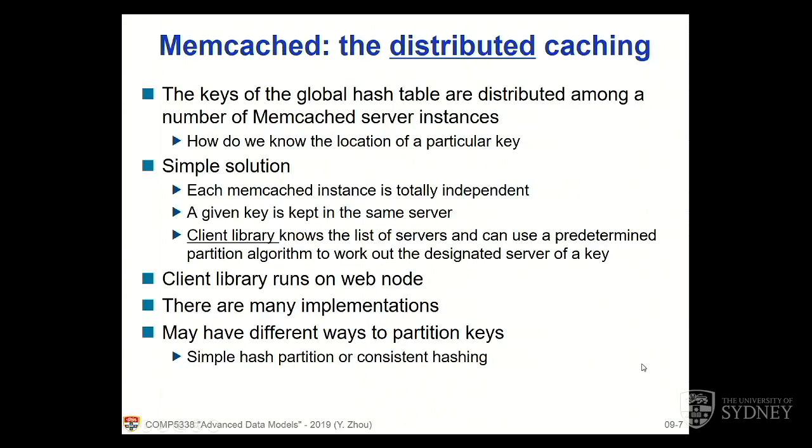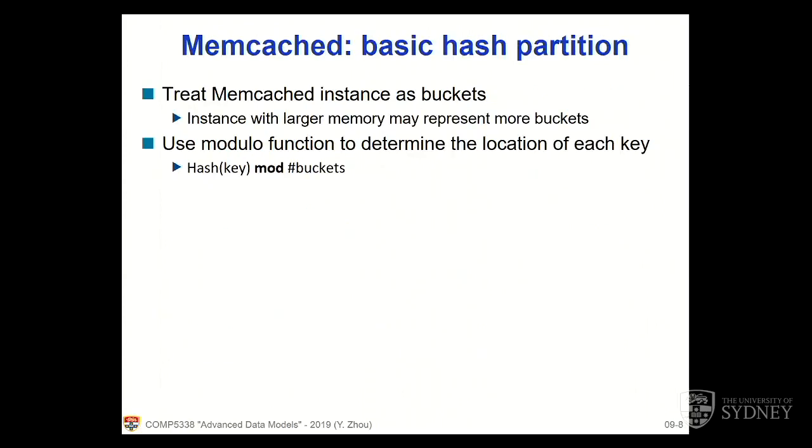Here we just see a very simple one, a simple hash partition. It's as simple as it can get, and there could be more complicated ones, but that's not of interest to this course. We're going to see a more complicated hashing or partition way in Dynamo, so we just see the basic hash partition way.